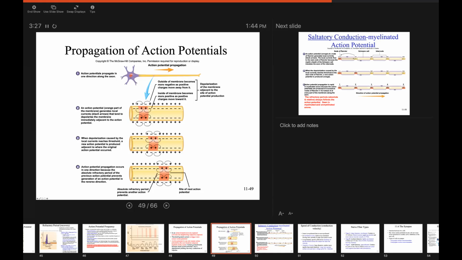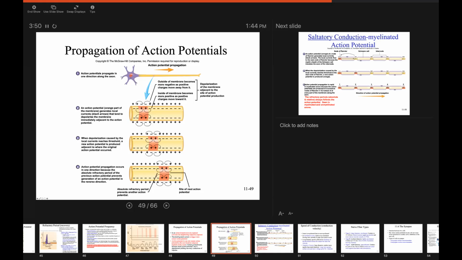And now we hit threshold. As we hit threshold, voltage-gated sodium channels open here. And now the action potential has moved from this initial segment to this one. From this second segment, now to the third one. As it moves, it's going to move to the next one over here next.